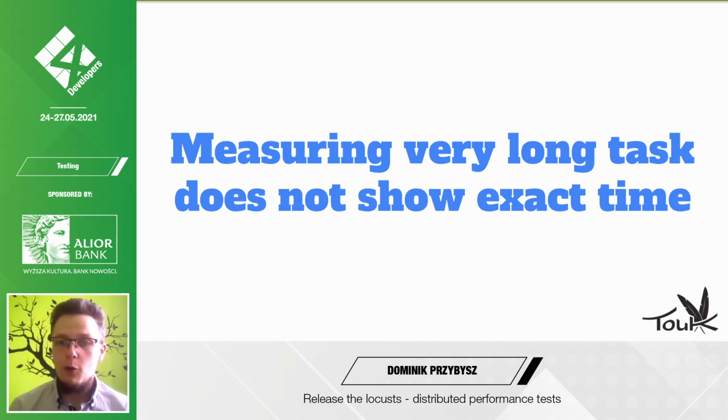So there is no point measuring if you gain some speed, and before you had a task ended in about 3 seconds and 15 milliseconds, and after some optimization you have 3 seconds and 5 milliseconds. It won't be visible in your results because of such bucketing.